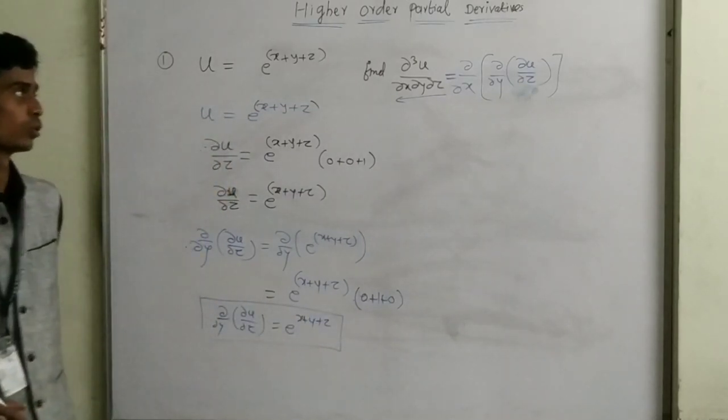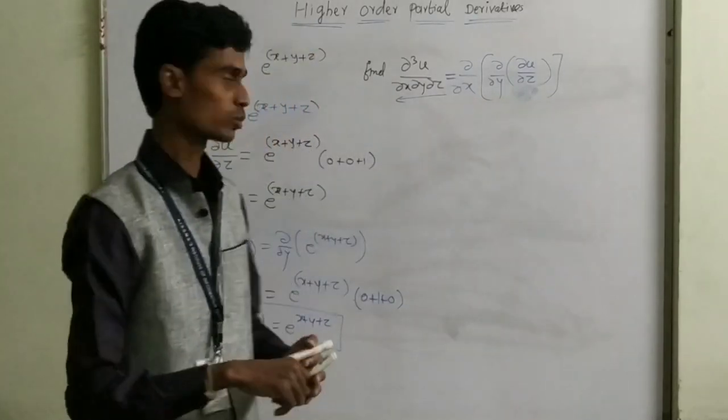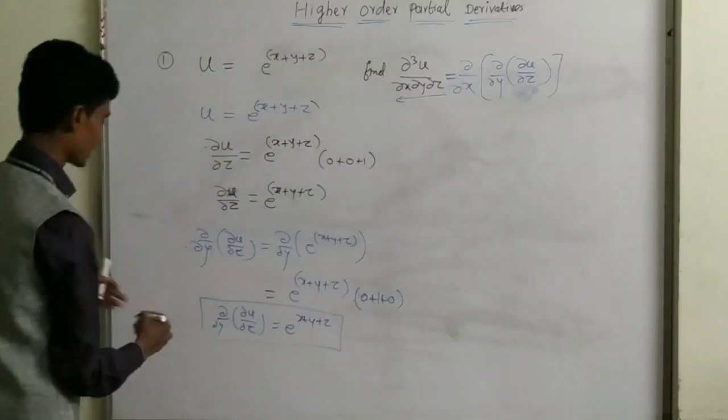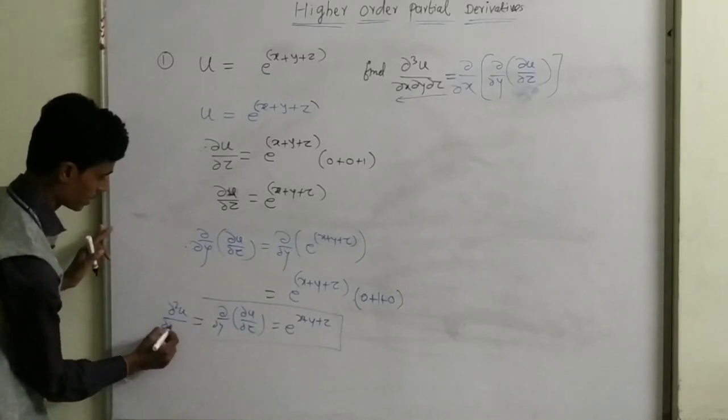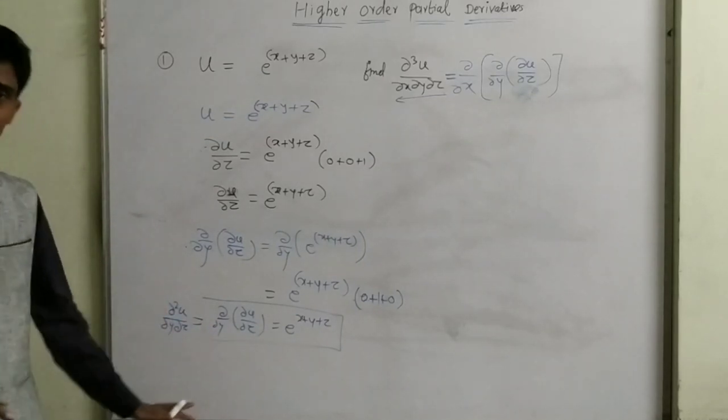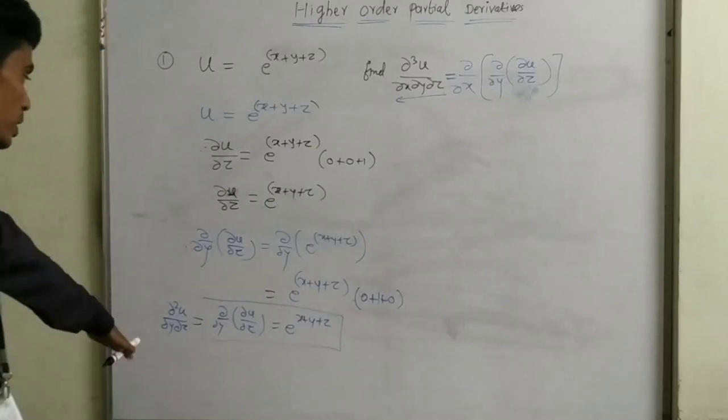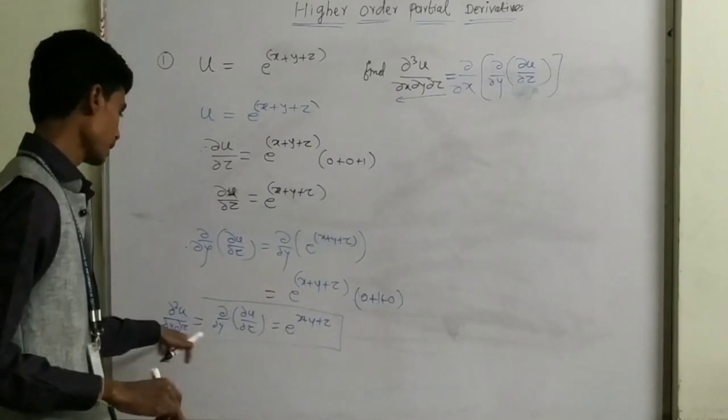Now we want to find out the last one, so we can also write this like this, it is ∂²u/∂y∂z. It is notation, it doesn't matter, same notation, same meaning: first z and then y.